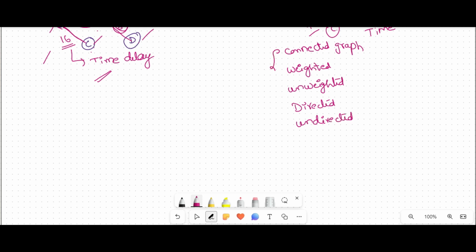The combination of graphs may also be present. That means weights and also directions may be mentioned. Weighted and that may be an undirected graph. Unweighted with directed, unweighted with undirected. Generally everything should be a connected graph. So like that, the combinations may also be present.